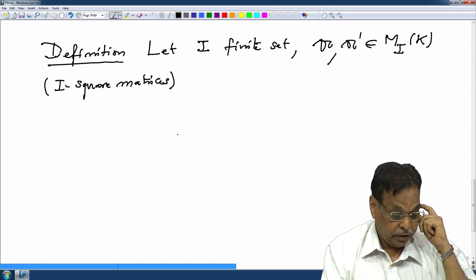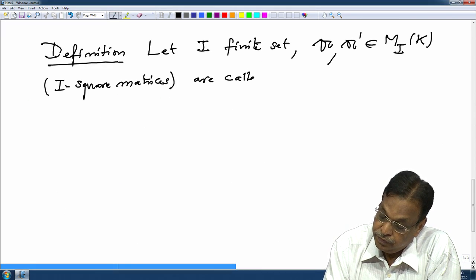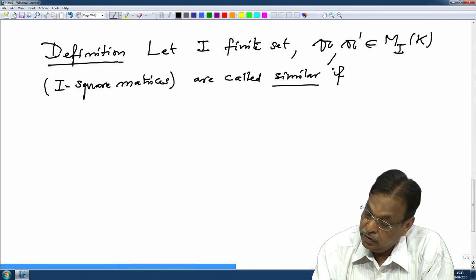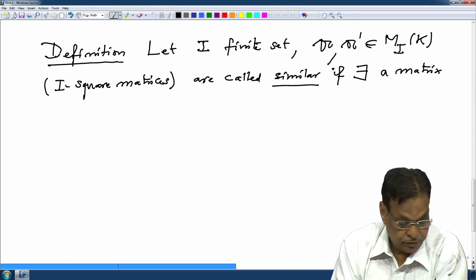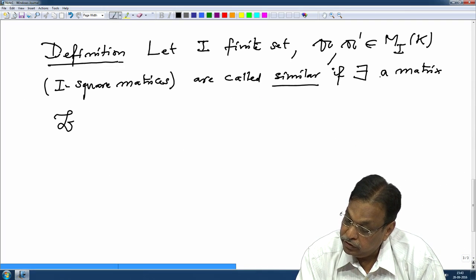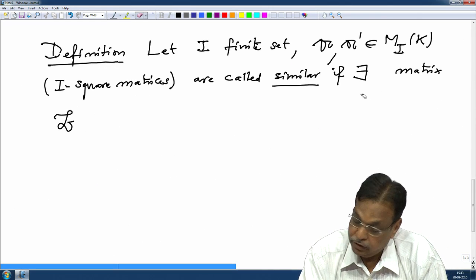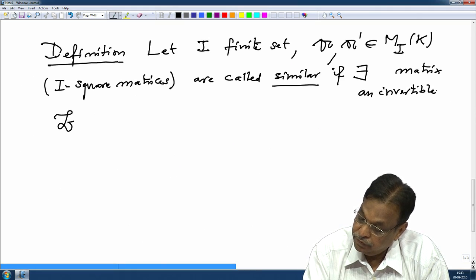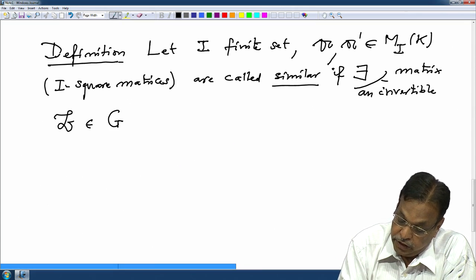Two of them are called similar if there exists an invertible matrix B, therefore of the same order, in GL_I(K).